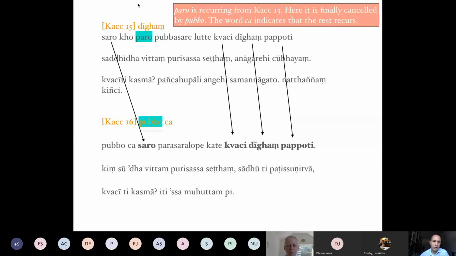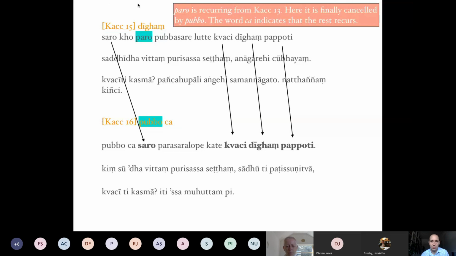And in Kaccāyana 15, this digam applies to the remaining following vowel.